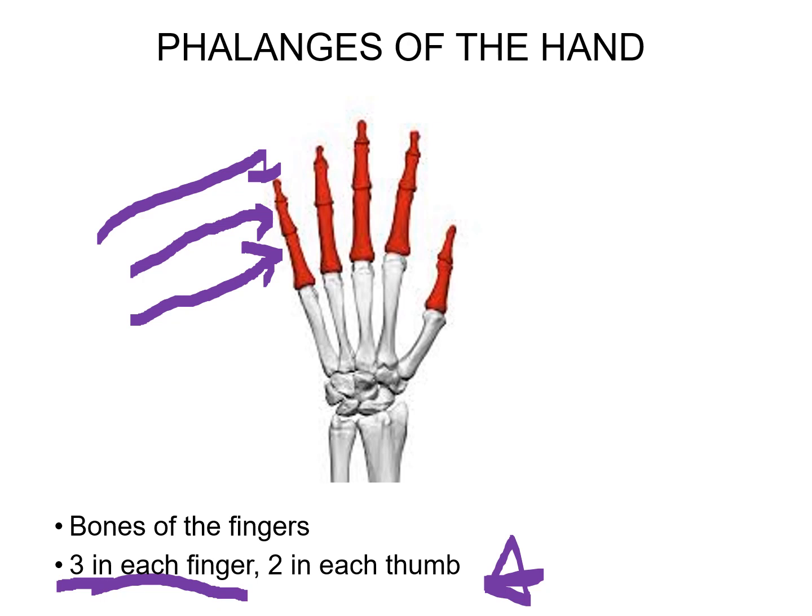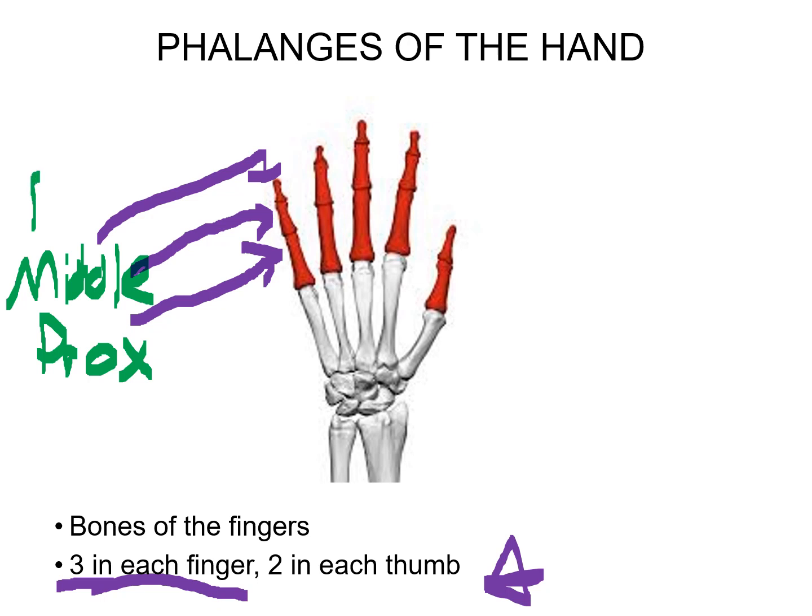So we name them based on their relationship regarding proximal and distal. So this first one would be the proximal phalange. The middle one is called the middle phalange. It's also known as the intermediate. Either one would be correct. Put middle. And then this last one would be the distal phalange.